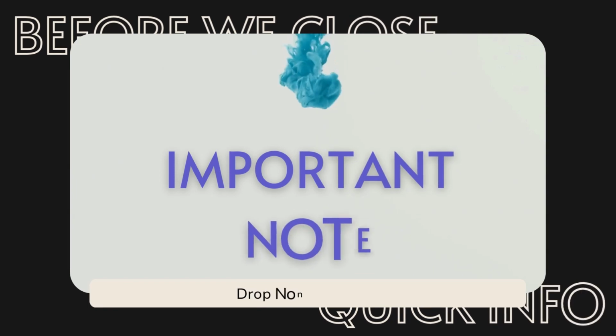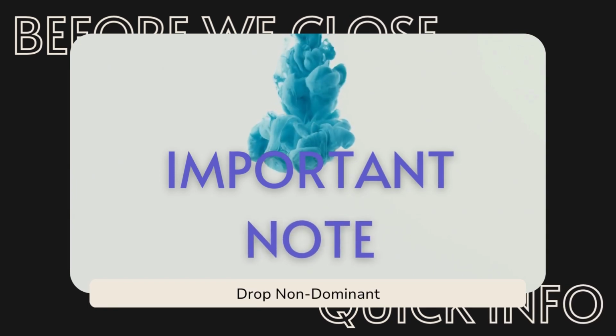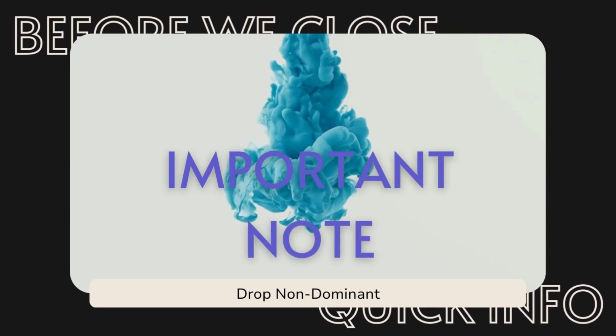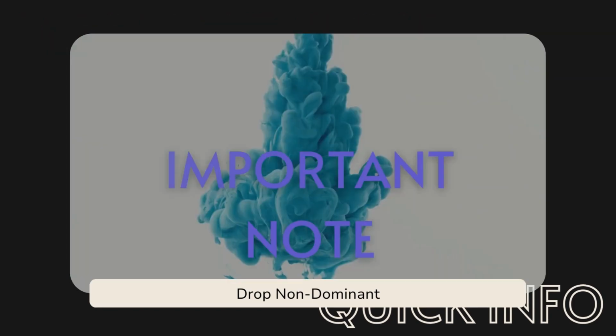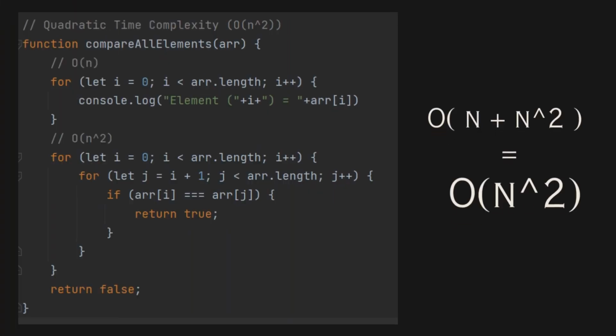So before we close our video, let's understand this essential concept. Let's say we have a for loop and below that we have a nested for loop. Now in this scenario, the big O notation for this snippet would be n plus n square. In this case, we can neglect the n in front of the plus sign.